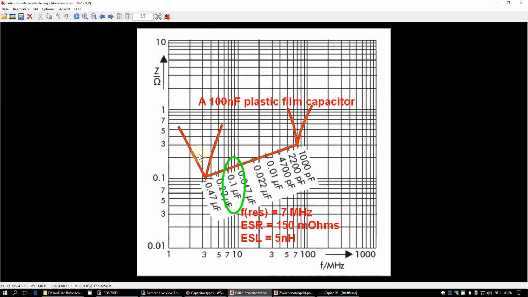So from this graph you can directly read or calculate all values, also the Q factor, the dissipation factor if you want to.